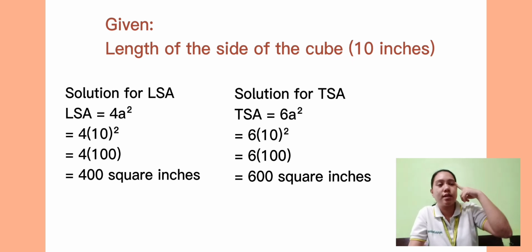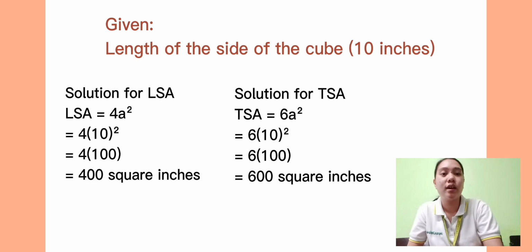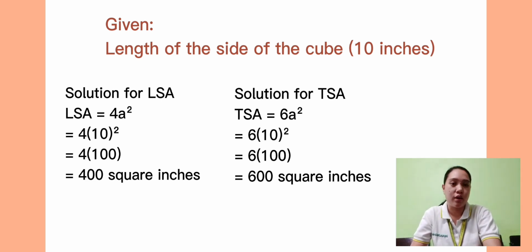So 6 times 10 squared is equal to 600. So the total surface of a cube is 600 square inches. Therefore, the lateral surface area of a cube is 400 square inches and the total surface area is 600 square inches.